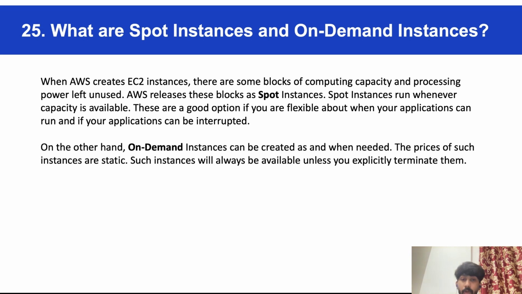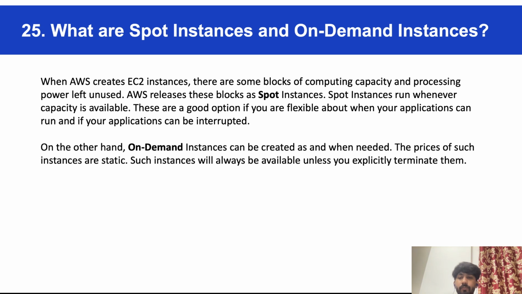Now these blocks are known as spot instances. These spot instances run wherever capacity is available. So these are a good option if you are flexible about where your applications run. If you don't want your application to be running on physical hardware which is dedicated to you, in that case you can go for spot instances, which are much cheaper in nature, right?